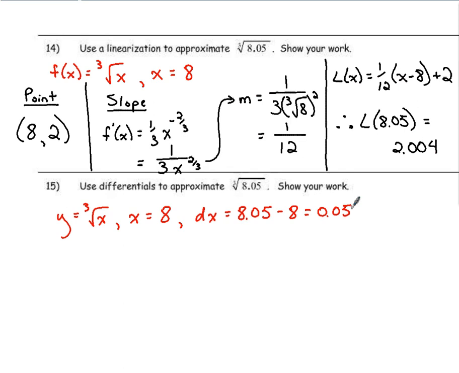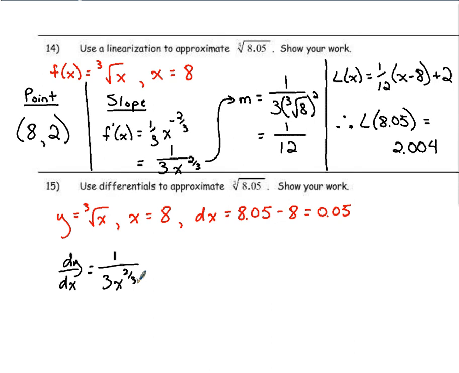So now using the differentials approach, we take the derivative of this function we've set up here. Because we're using differentials, we use dy dx notation. Since we've already done this in the previous problem and we know what it simplifies to, 1 over 3 times x to the 2/3, let's go ahead and use that here.